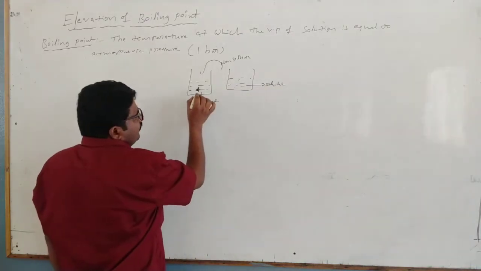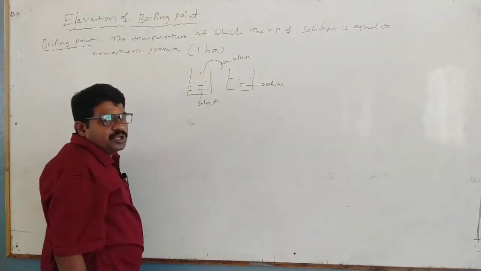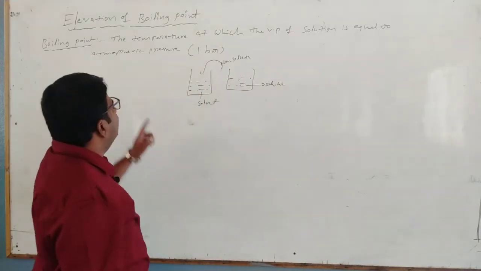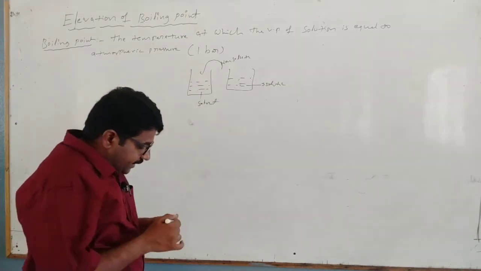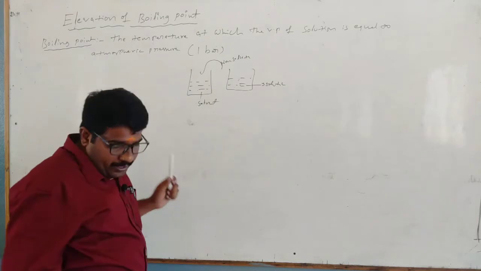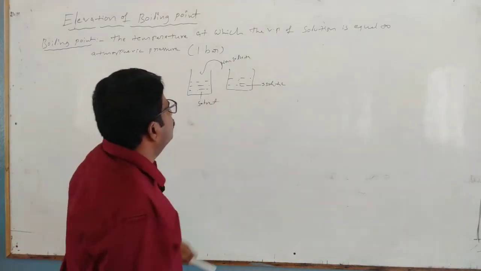The vapor pressure of the solvent and the solution are both equal to the atmospheric pressure, that is 1 bar, at their respective boiling points. That indicates the boiling point of the solvent and of the solution.